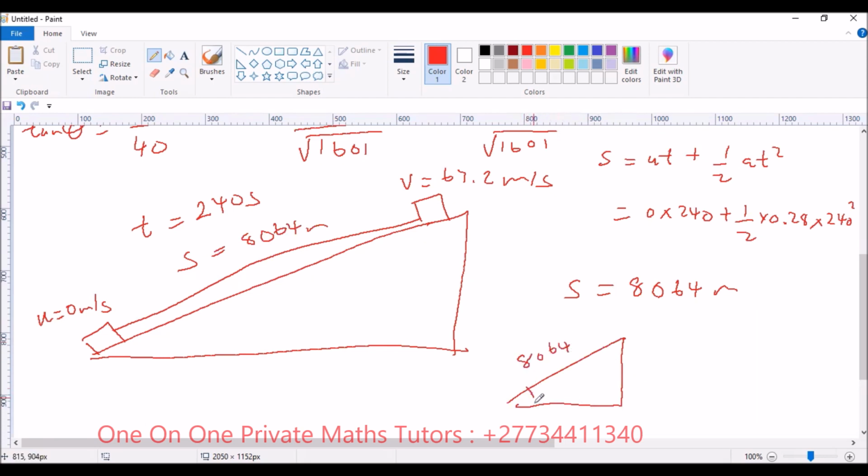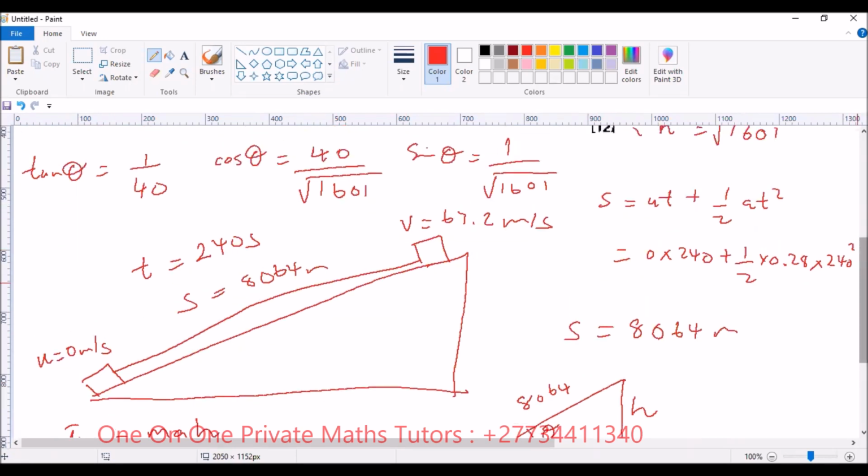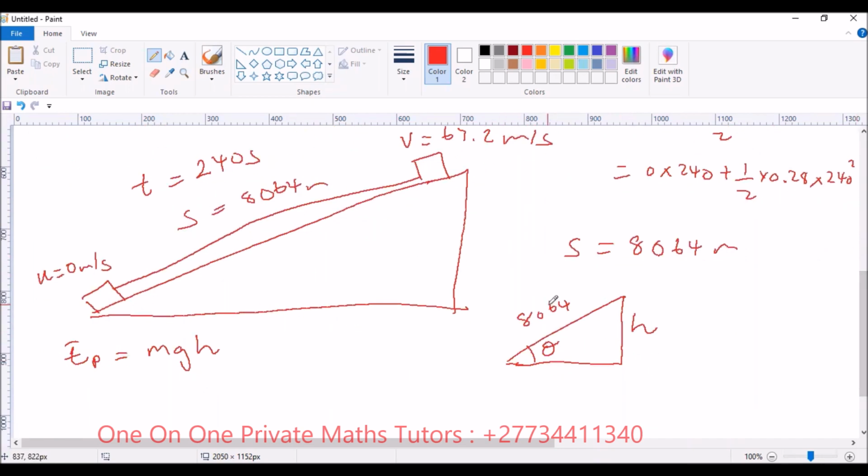So we have this situation where we have 8,064 meters. We have an angle of theta, okay? And we want to find this height, because to find potential energy, we must say mgh. We have the mass. We know the acceleration due to gravity is a constant. We need to find the height. We have found the distance traveled up the incline. And we know the trig ratio there. All right. So we have opposite and hypotenuse.